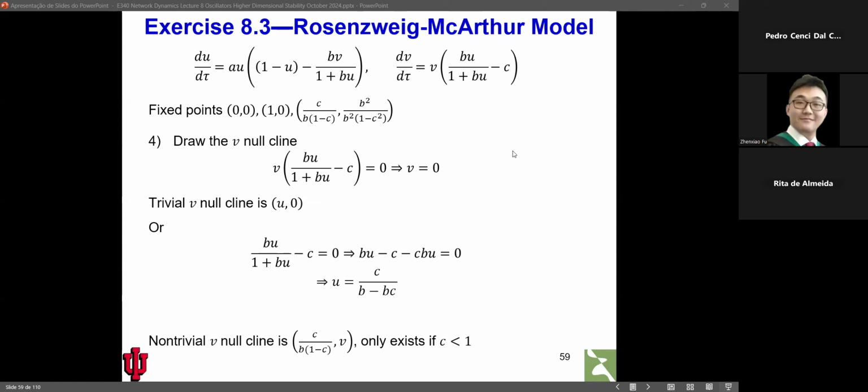So can you do this by looking at these two equations? I think you can, right? Yes. So, okay. Then I wait for you to do it. Pedro, I don't know if you are going to do this again or not.